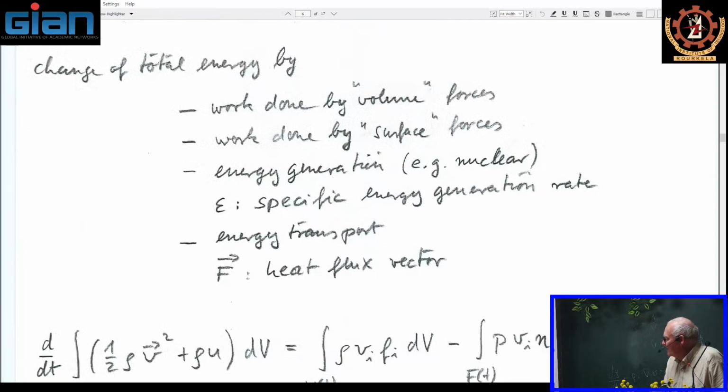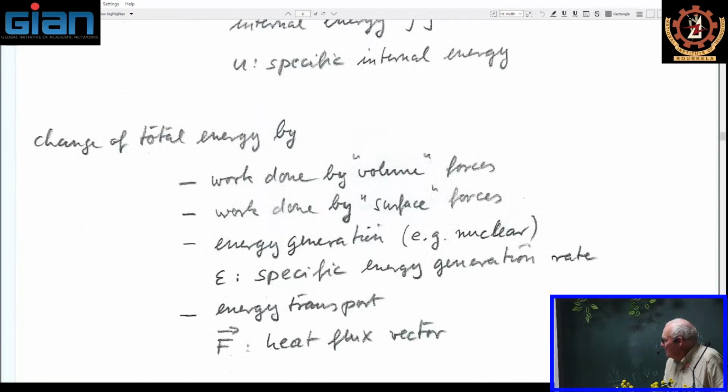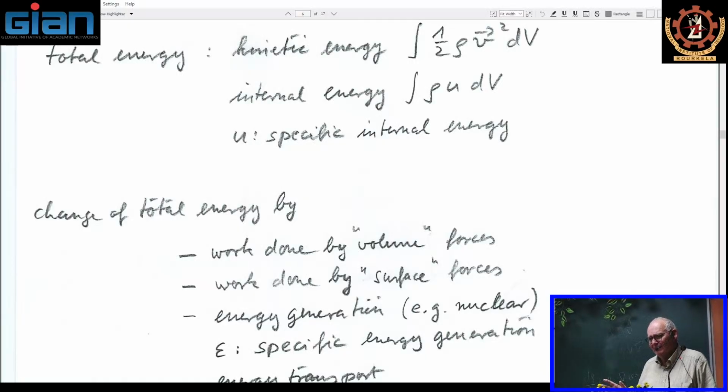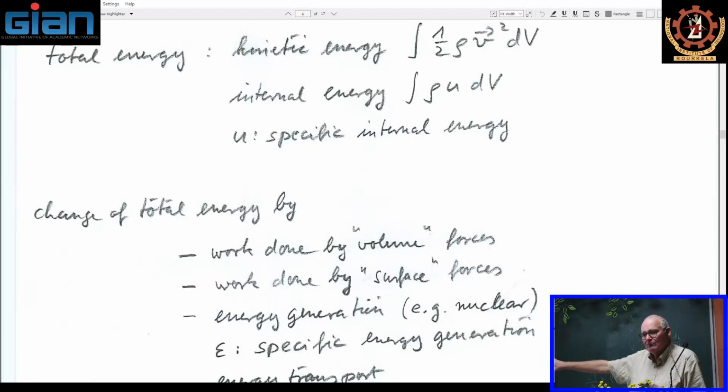What we have done here is implicitly an operation which is consistent with the first law of thermodynamics. We could have gone the opposite way, then we would have ended up with this prescription for considering the energy balance. Here we took the opposite way.